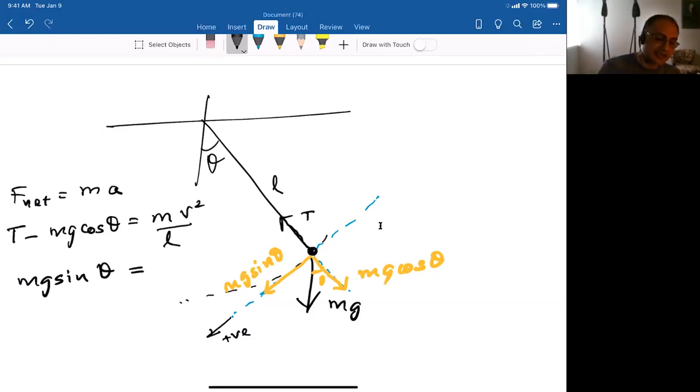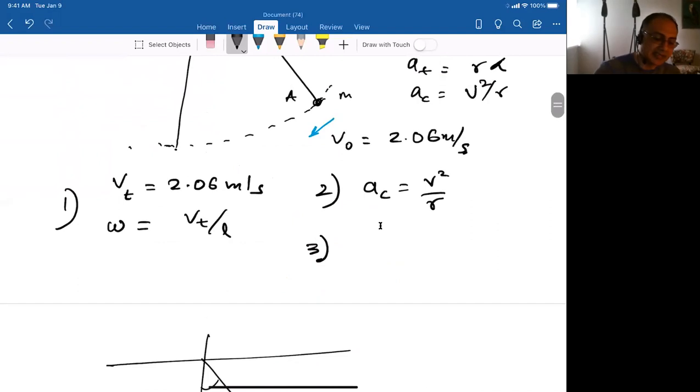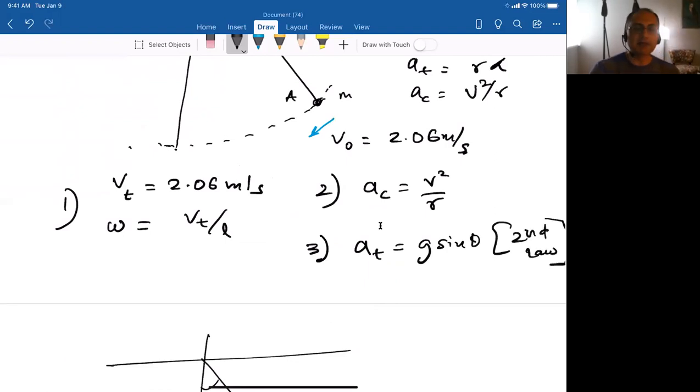And that is equal to mass times our unknown tangential acceleration. And so from here, we can solve for the tangential acceleration, which is what this question is asking for: g sine theta. So you can see that the tangential acceleration is going to be g sine theta, right? And that's the answer. So a_t in this case is g sine theta, and it came from applying Newton's second law. Is everybody clear about that?